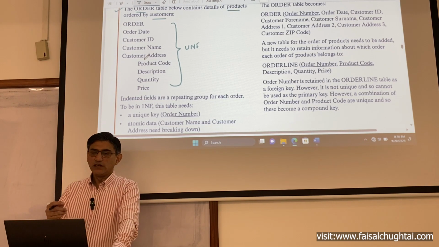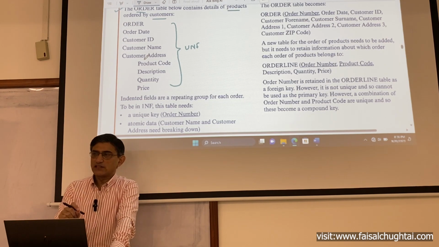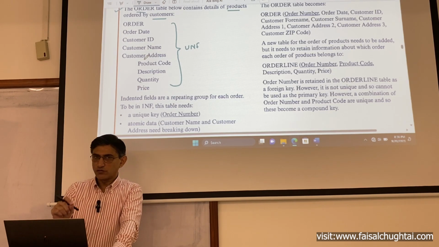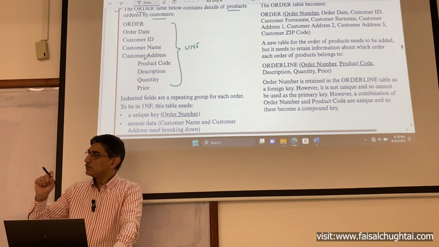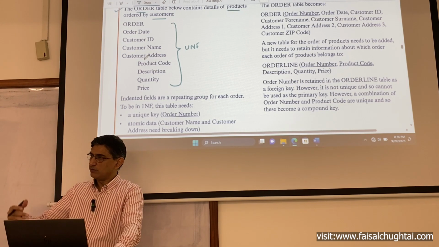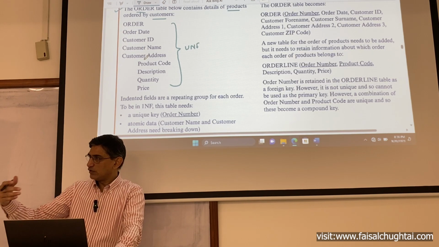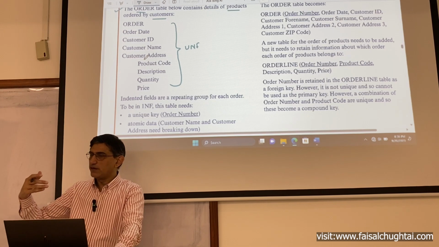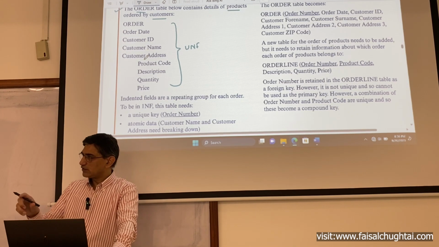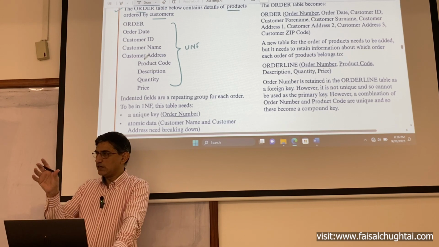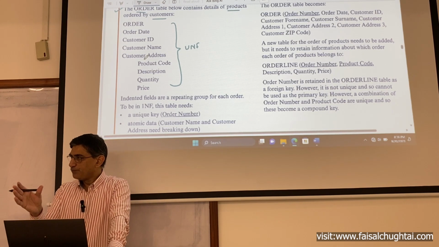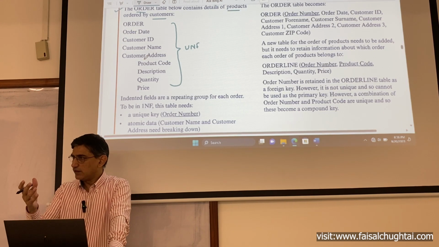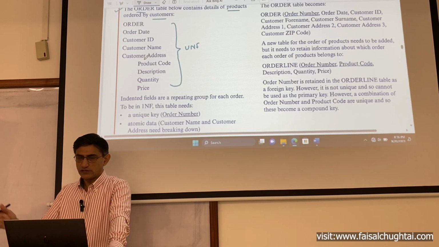All right. So, by the way, this is the example that we are now going to use to carry through from 0NF to the third NF, because there are three normal forms. Starting from 0NF or unnormalized form to the first normal form, then the second normal form, and finally the third normal form. So it is going to be the same example, so that for the sake of consistency and continuity, we can see how a database which starts with a single flat file gets converted into a set of related tables.